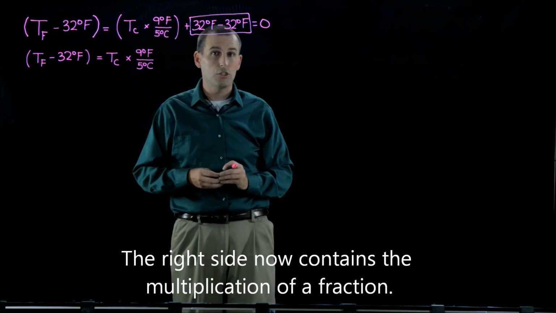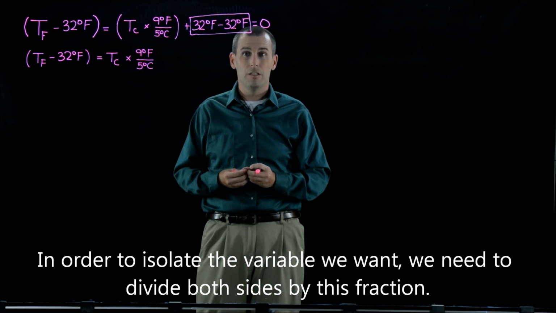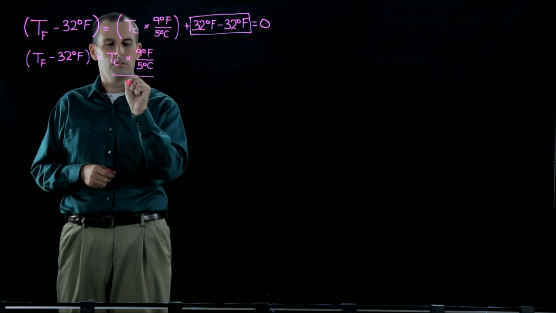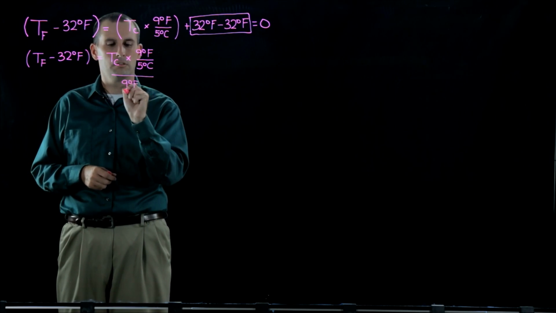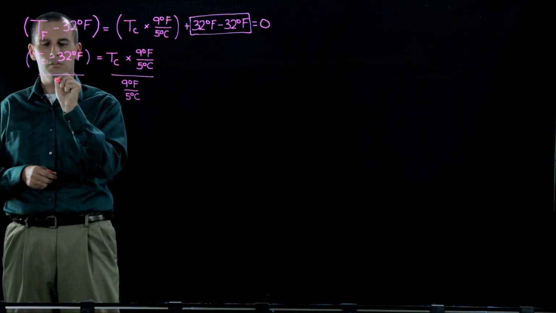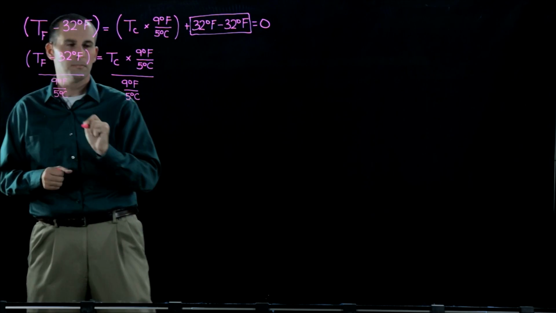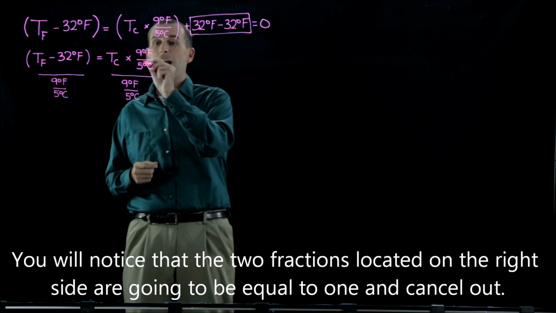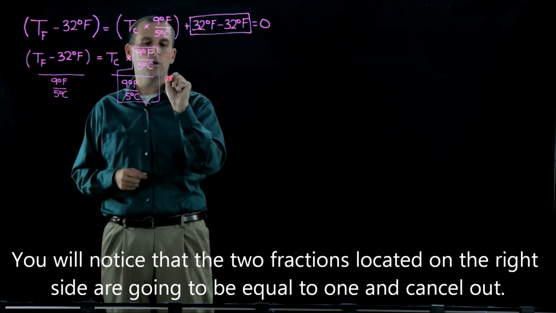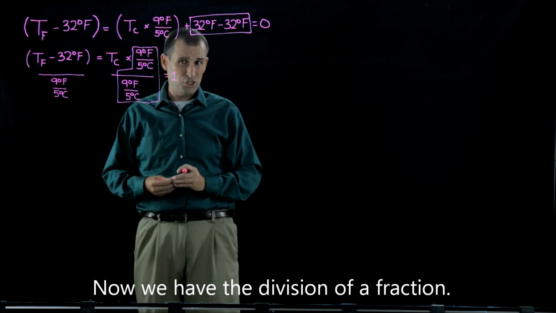The right side now contains the multiplication of a fraction. In order to isolate the variable we want, we need to divide both sides by this fraction. You will notice that the two fractions located on the right side are going to be equal to 1 and cancel out. Now we have the division of a fraction.